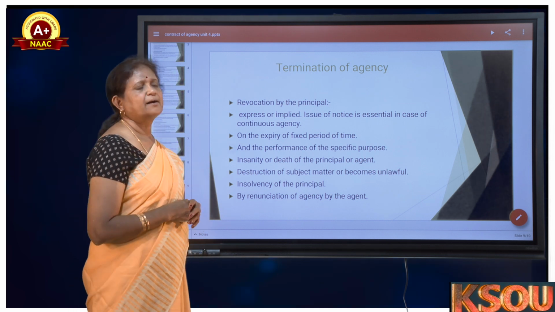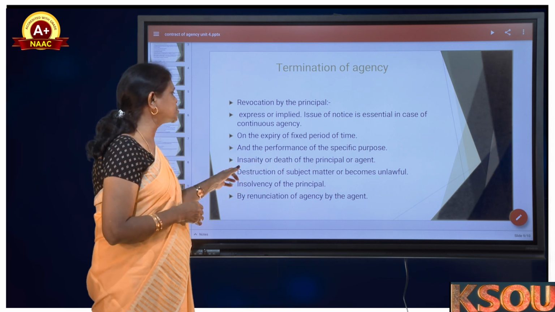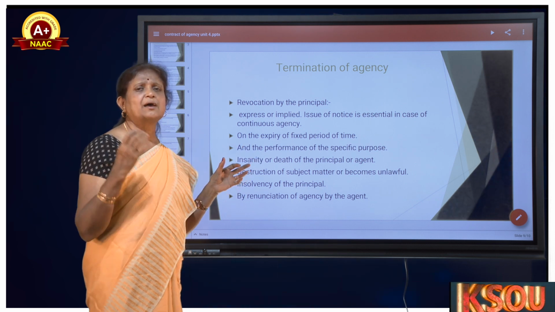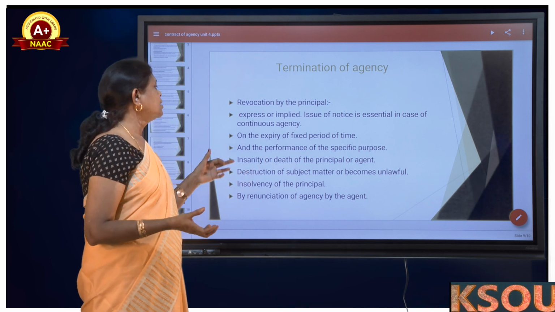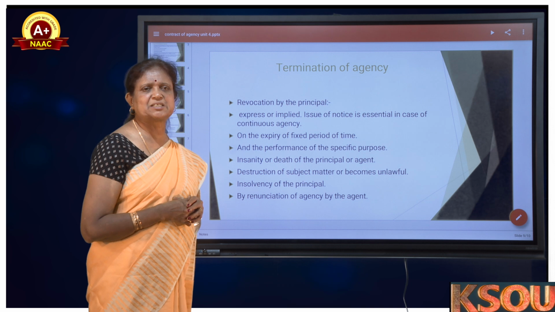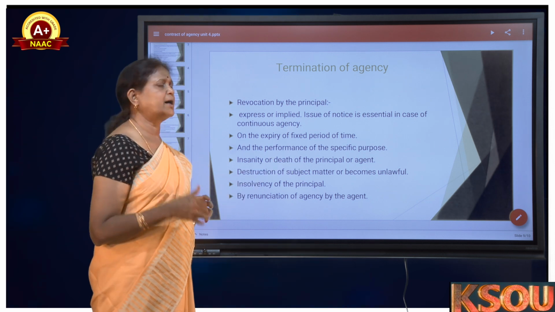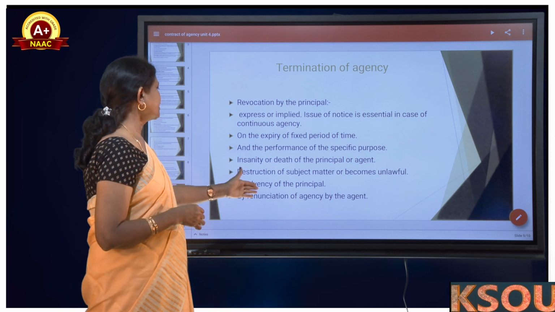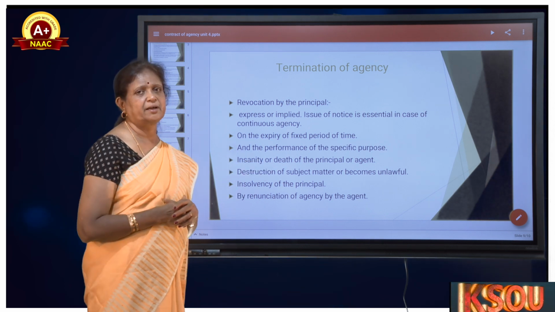By insanity or death of the principal as well as the agent. Because this is also a special type of contract, only the personal liability of the principal and the agent is there. So death or insolvency of the principal as well as the agent relieves the agent or the principal. And lastly, by renunciation of agency.